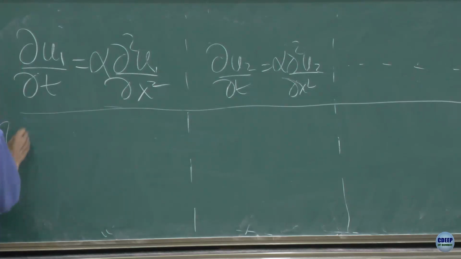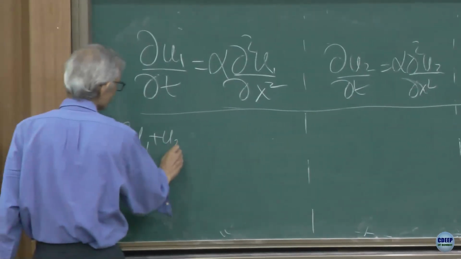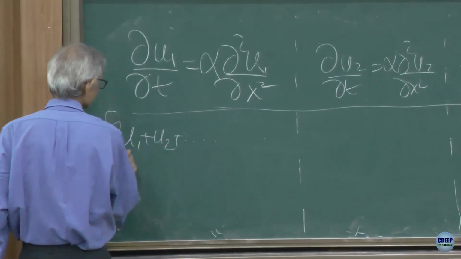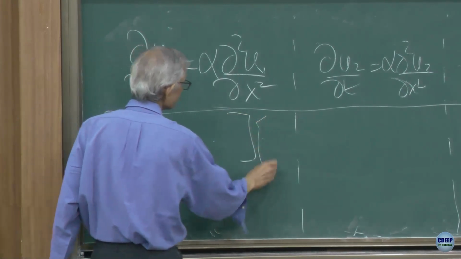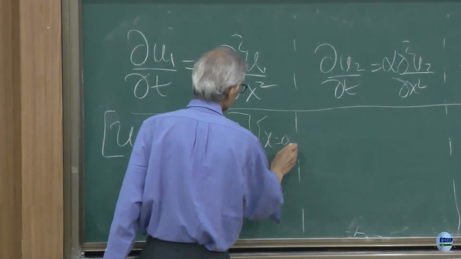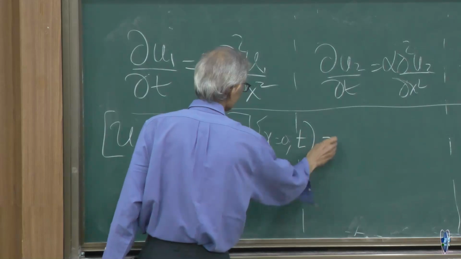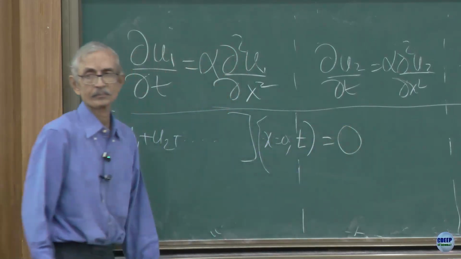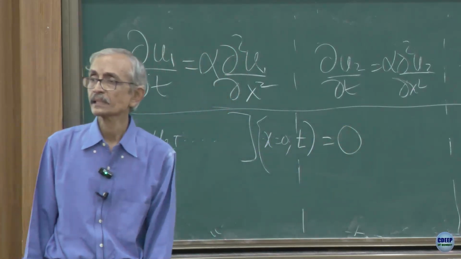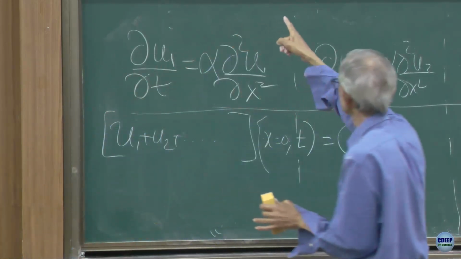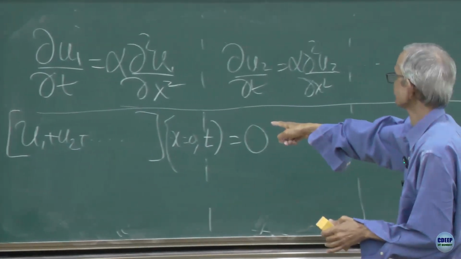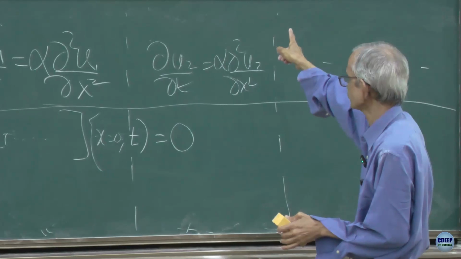So I've got u1 plus u2 plus dot dot dot, right, at x equal to 0 and all time is equal to 0. Right? That was my condition there. U at x equal to 0 and all time equal to 0.